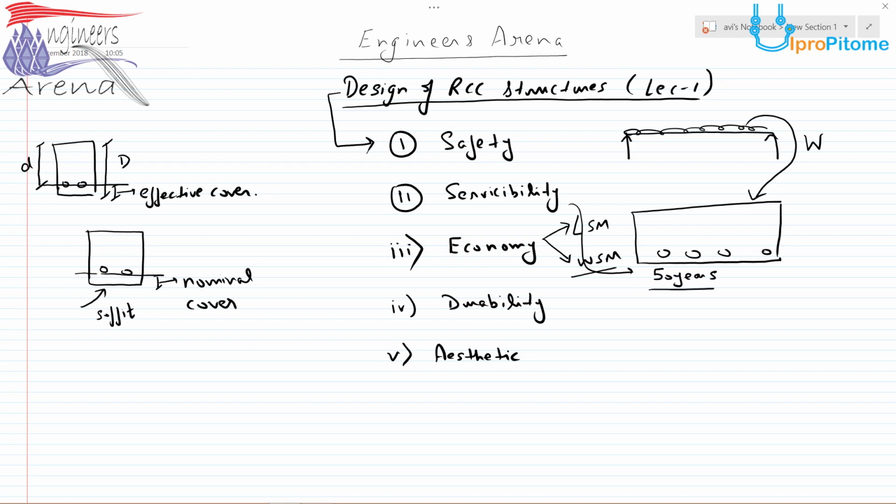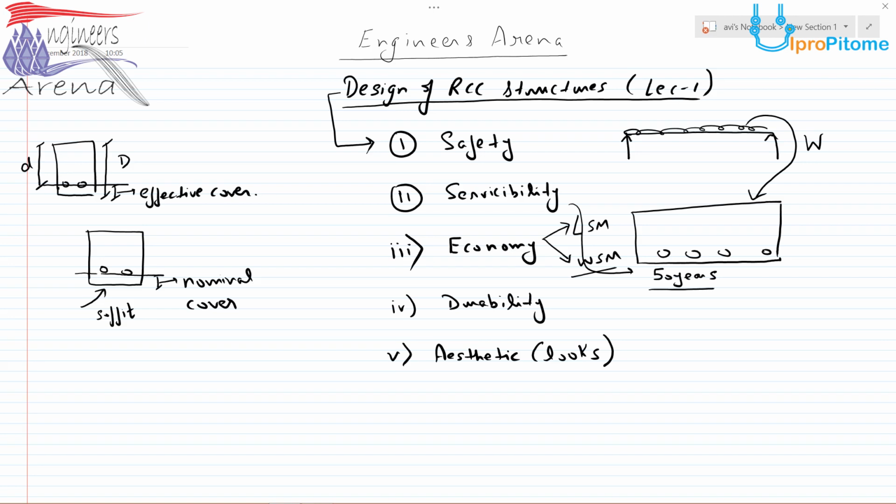The fifth one is also very important these days. Aesthetic means what? How it looks from outside. This is more important from an architectural point of view. These days we are constructing green buildings and various other modern structures in which maximum area should be exposed to sunlight, and likewise we consider various factors. Those things come under the head of aesthetic.